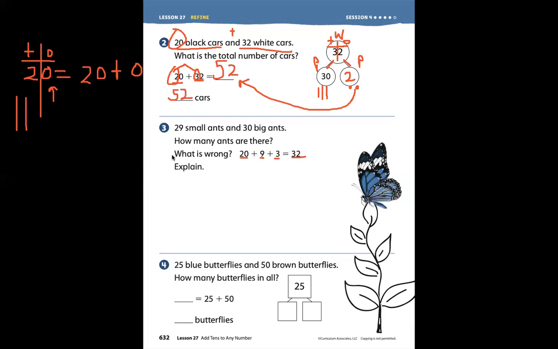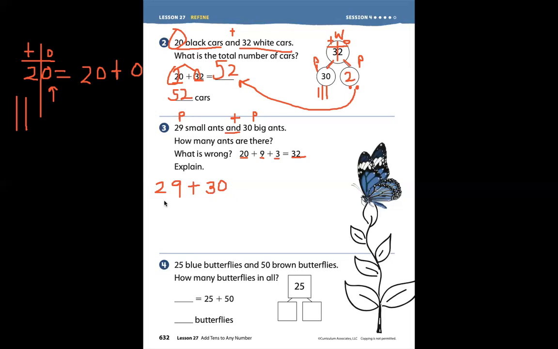It says 29 small ants, 29, and 30 big ants, 30. How many ants are there? So we're looking at the joining word, which is and, saying that I'm going to add 29 as a part and 30 as a part to get to the whole. So I'm adding 29 plus 30.